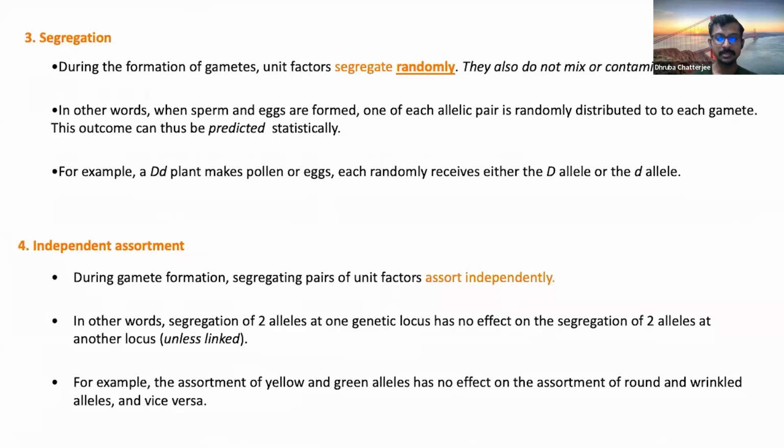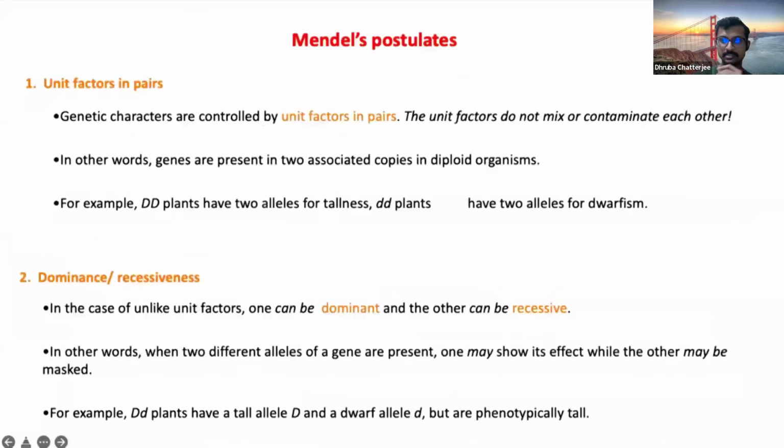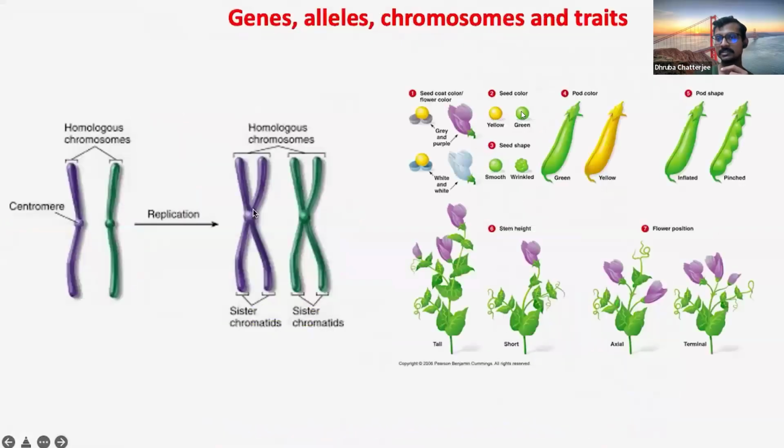So in independent assortment, basically what he meant to say is that, for example, you have two different phenotypes. You have a seed color, which is one trait or phenotype, and you have another trait or phenotype, which is stem height.